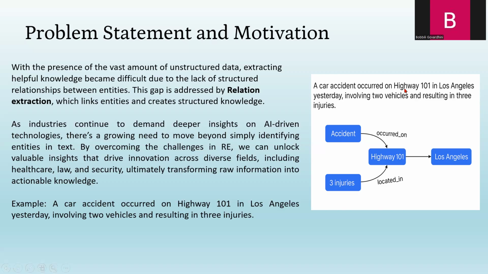It can identify what kind of entities are present, like Highway 101 as the location, Los Angeles as the city, the number of vehicles and the number of injuries, but it cannot establish relationships between these entities. So understanding the relationship between entities in this kind of information is very useful in drawing insights from large text data, and this is very useful in healthcare, law and security kinds of industries.